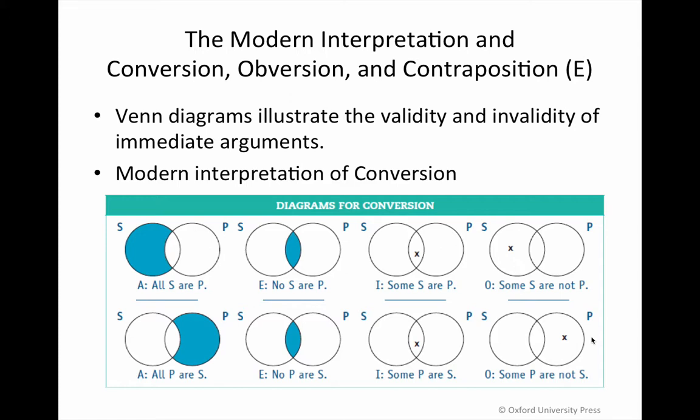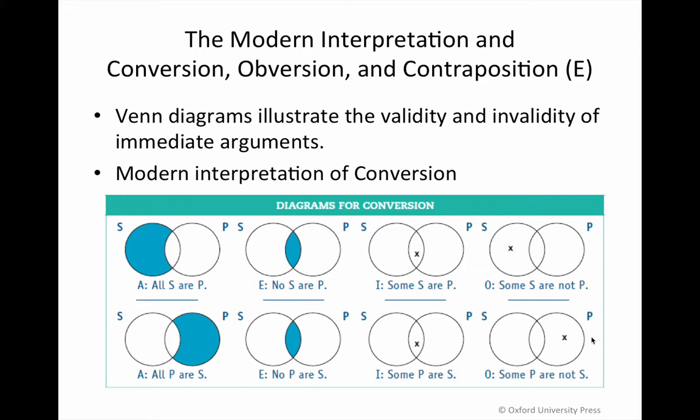First, though, let's take a look at what conversion looks like from the standpoint of a Venn diagram. We're looking at pairs, one on top of the other. The far left inference goes from top to bottom. That's a universal. The second pair from the left is also a universal, then a particular, and another particular.